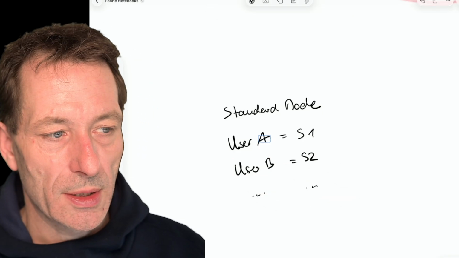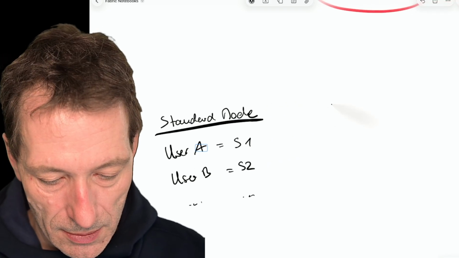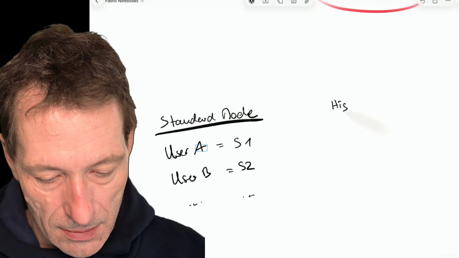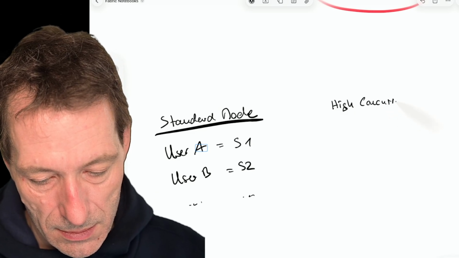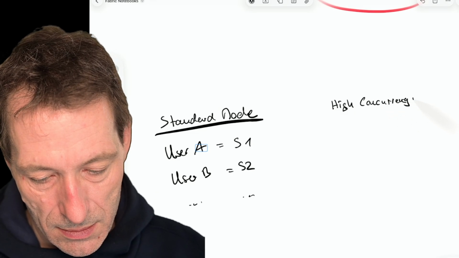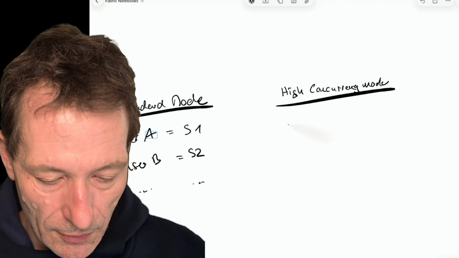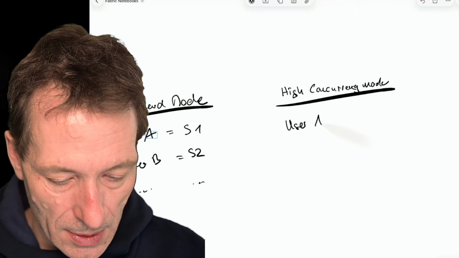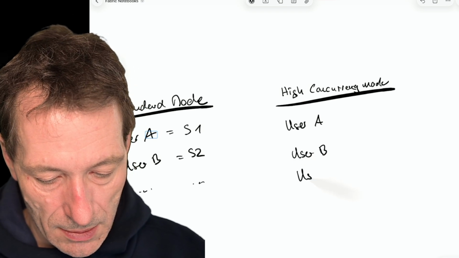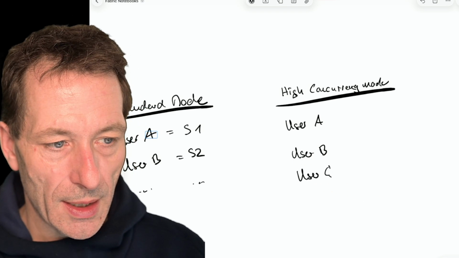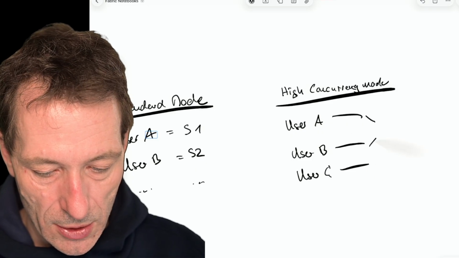You can imagine. When you go to the so-called high concurrency mode, then you have user A, user B, and user C, and they all share the same shared session.